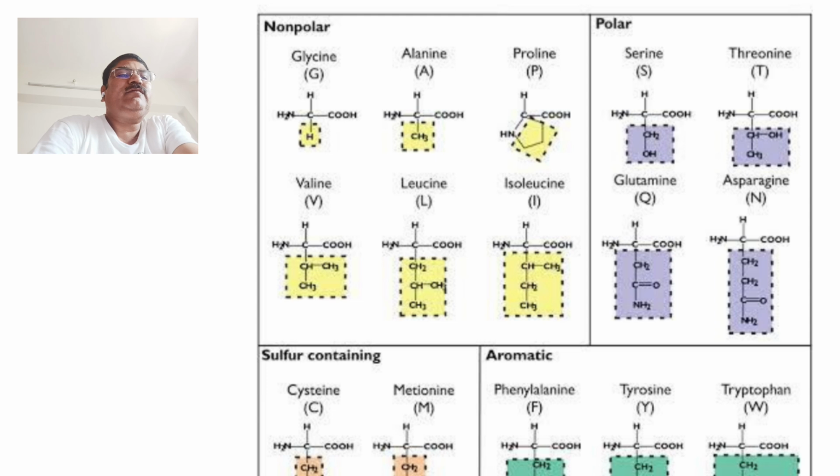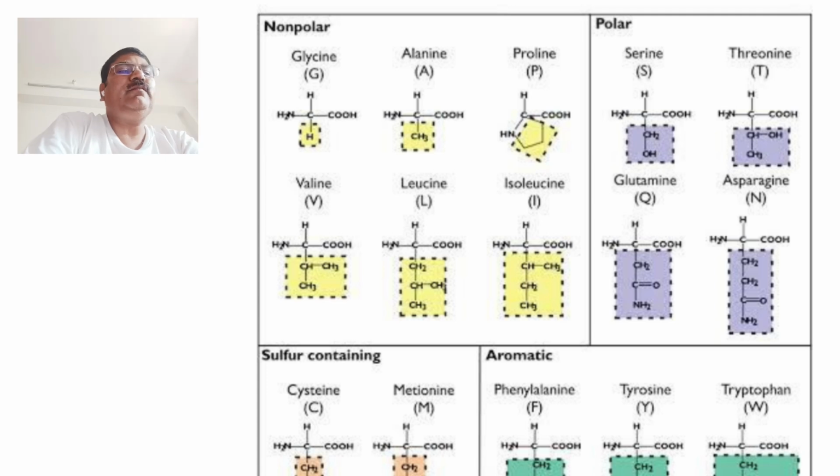In glutamine, the R group is CH2 C double bond O NH2, and in asparagine there is an R group containing an amide type of linkage. So the amide-containing alpha amino acids are glutamine and asparagine.